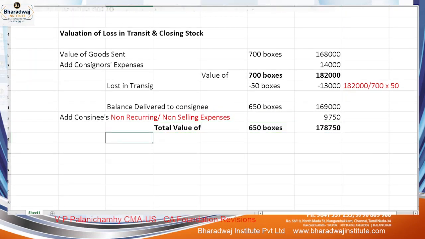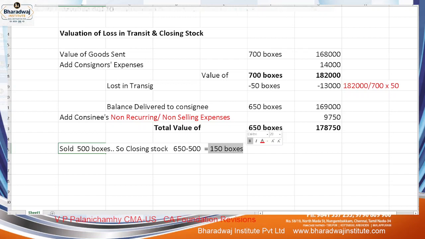How much is sold out? So closing stock is 650 minus 500, 150 boxes. How to value these 150 boxes?